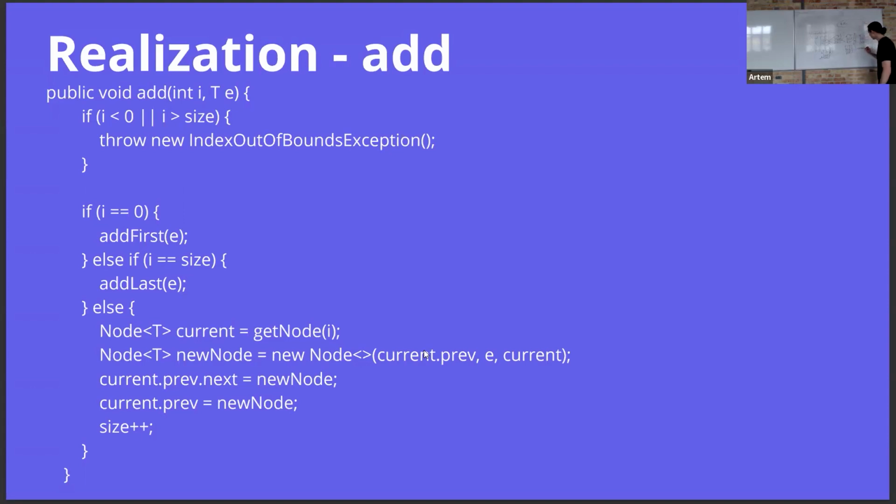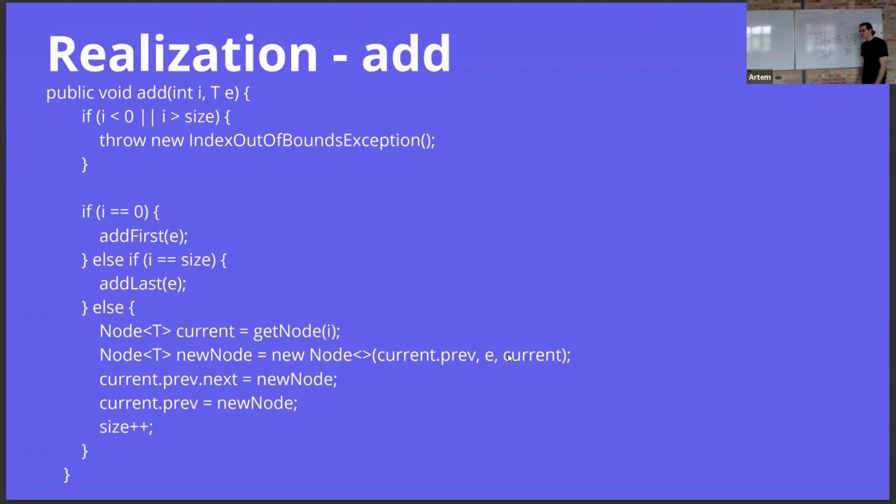So we have current. We go to current prev, and current prev shows us this element. So our new node's prev will be this one, right? And our next element will be our current.